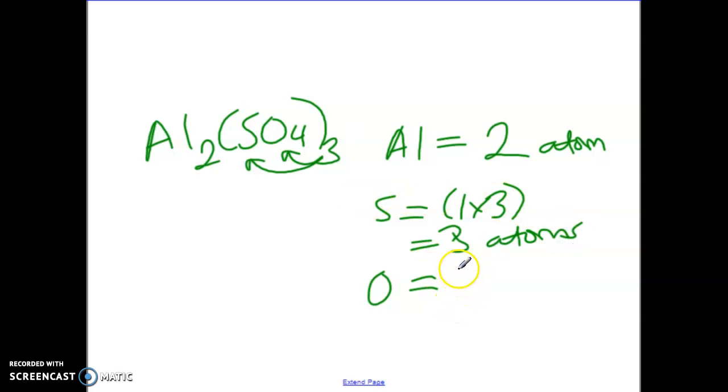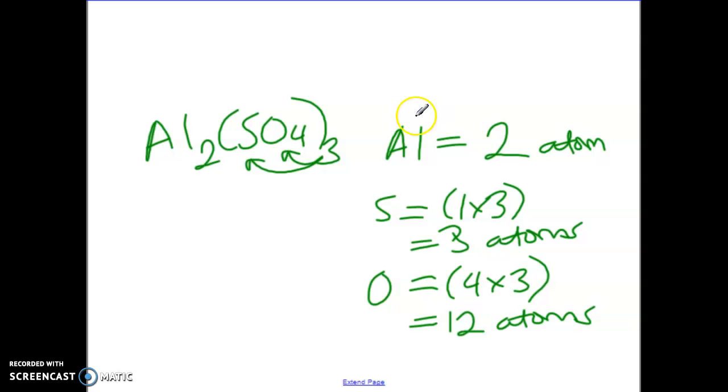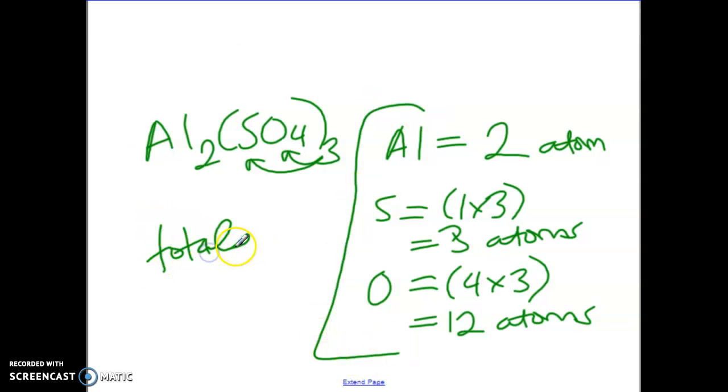And then oxygen is 4 times 3, which is going to be 12 atoms. Okay. Now, if you're asked to solve for the total number of atoms, all you would do is add up all of them. So you'd have 2 plus 3 is 5 plus 12, which is 17 atoms. Okay.